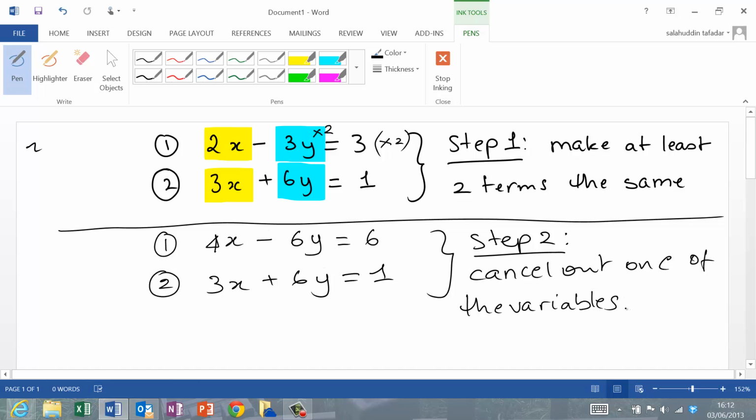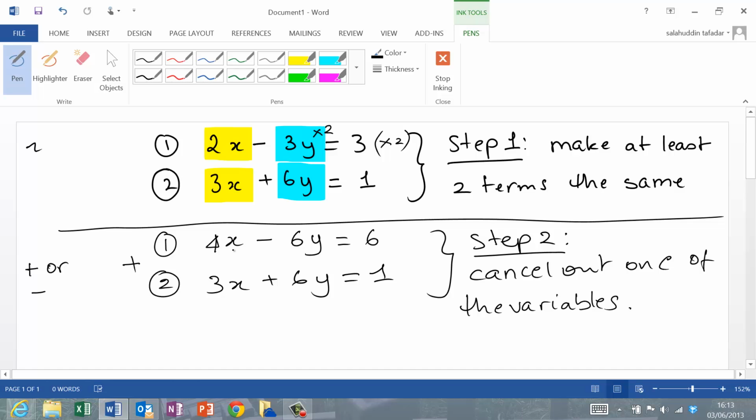Okay, and if I look carefully, in step 1 I made the y's the same, and the reason for that is because if they are the same, I can either add them or take them away and they will cancel out. So you have to choose whether you're going to add or take away. Now let's see what happens if I try to add. If I try to add equation 1 and equation 2 together, what happens?